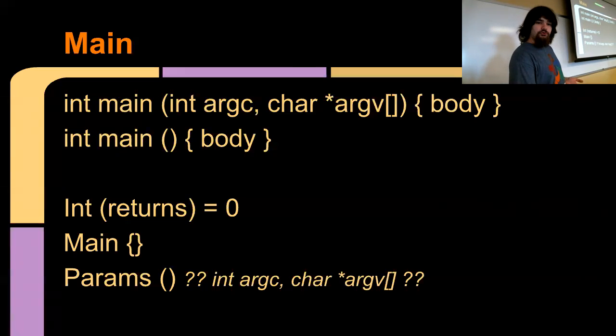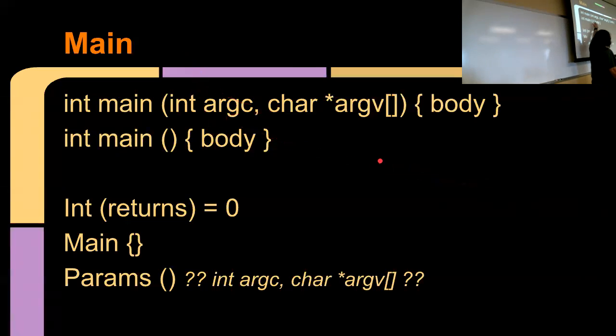And so it's perfectly fine to write a program that has all of this here, even though we know that we're not going to ever take arguments. It's just a matter of convention. But if you know that you're not going to be taking command line arguments, it's perfectly fine to just do this. Just say int main and then parentheses and then your curly braces and whatever code.